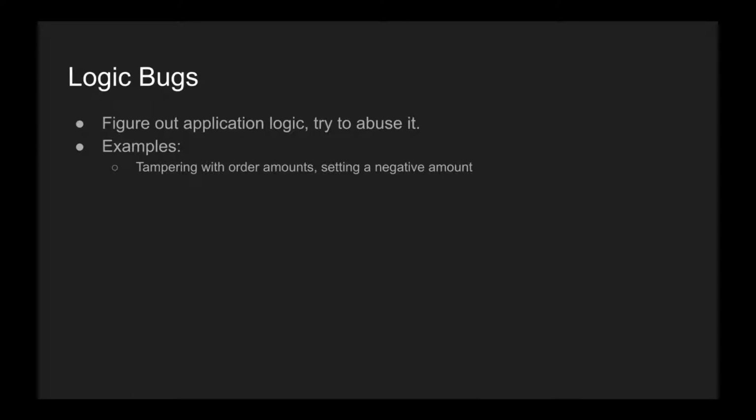Sometimes it'll actually go through and then you could check out. Once you check out, instead of it being $1 each, if you specify -10, it'll charge you -$10, which inserts $10 into your wallet. So that would be an example of a logic bug.